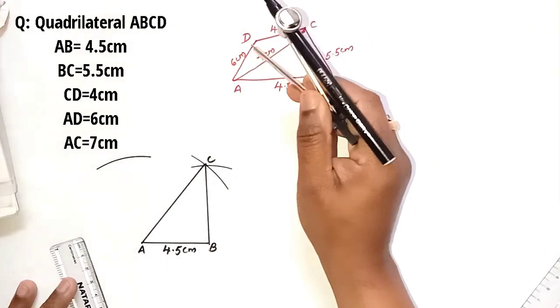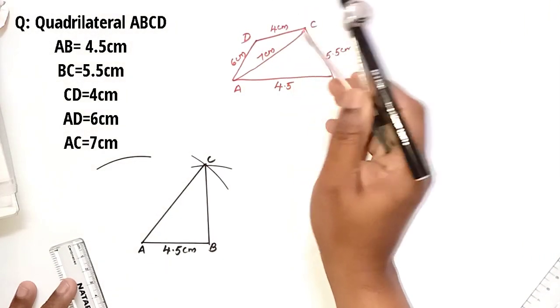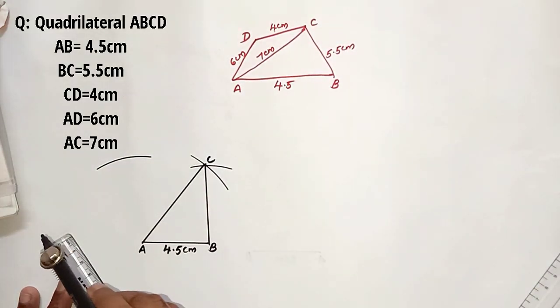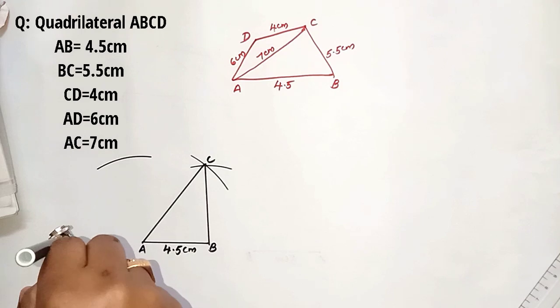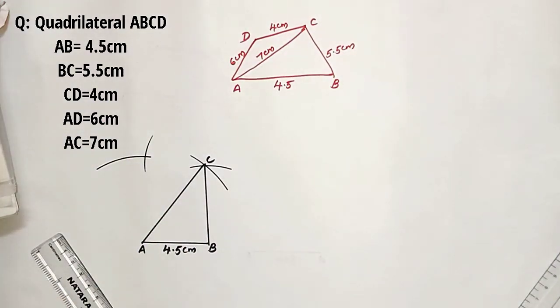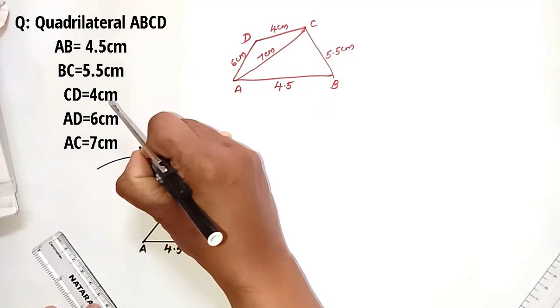Then D is 4 centimeter away from C, so with center C, draw an arc with 4 centimeter radius. So this is the point D.